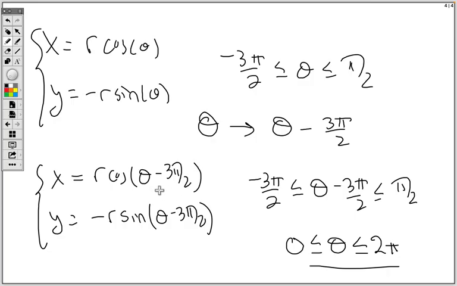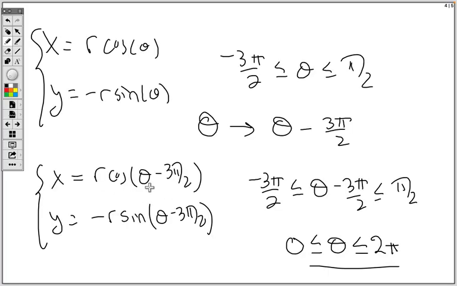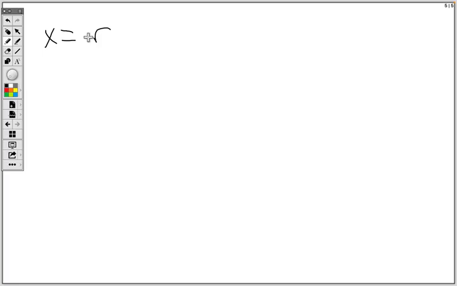And then I can apply those sum and difference formulas we did earlier to convert the x and the y. So for x, we're going to have r times cosine of theta, cosine of 3 pi over 2. Well, the cosine of 3 pi over 2 is 0, so that drops out, plus sine of theta, sine of 3 pi over 2. Sine of 3 pi over 2 is negative 1. So like before, we're going to get a minus r sine of theta for the x coordinate.